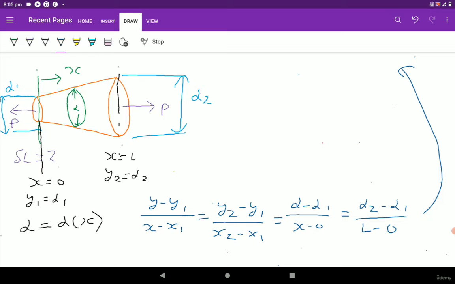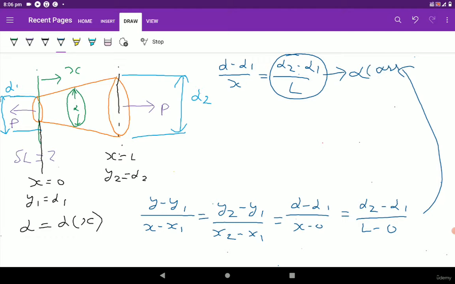We can write d minus d1 by x is equal to d2 minus d1 by L. We can say d2 minus d1 by L is alpha, an assumption. So we can write d minus d1 is equal to, we will bring x to this side, alpha x. So we can write d is equal to d1 plus alpha x.